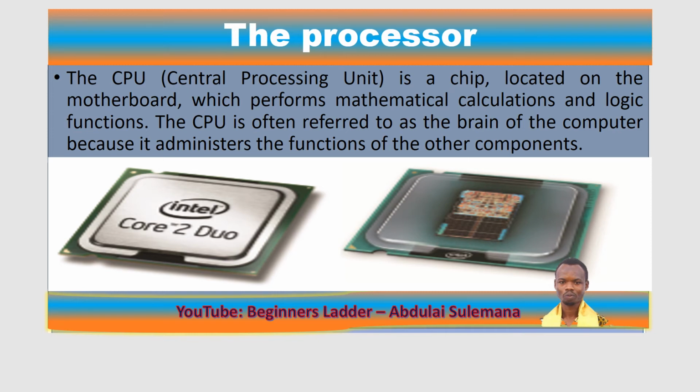Are we together? So it's telling us that the functions of all the programs are directly dependent on the size of the CPU. If you have a low CPU, you will have low processing. If you have a big CPU, the processing will be faster. So let's continue.